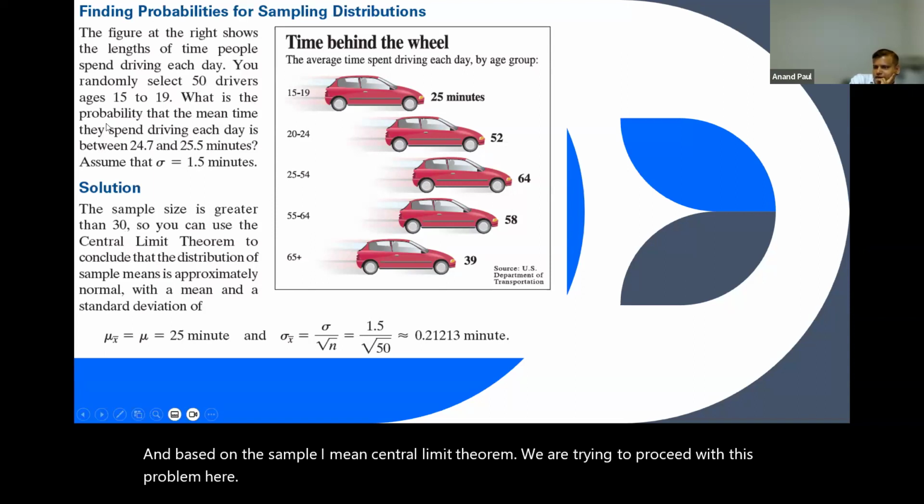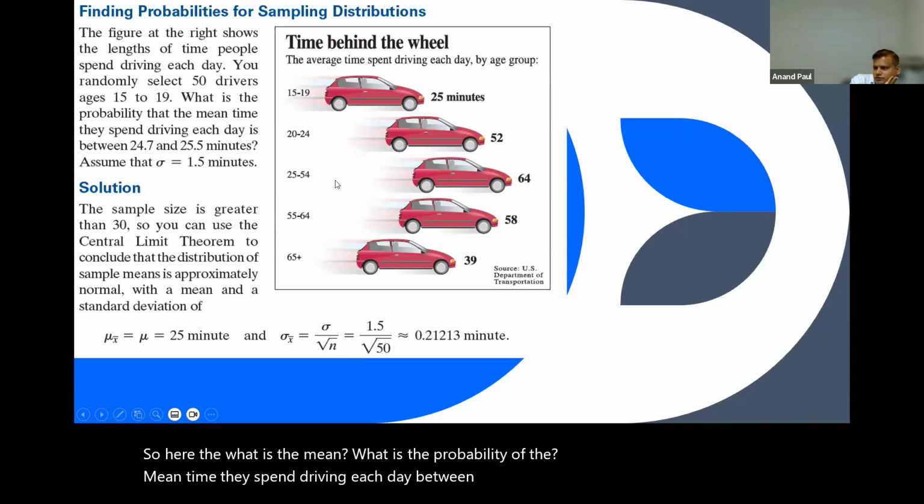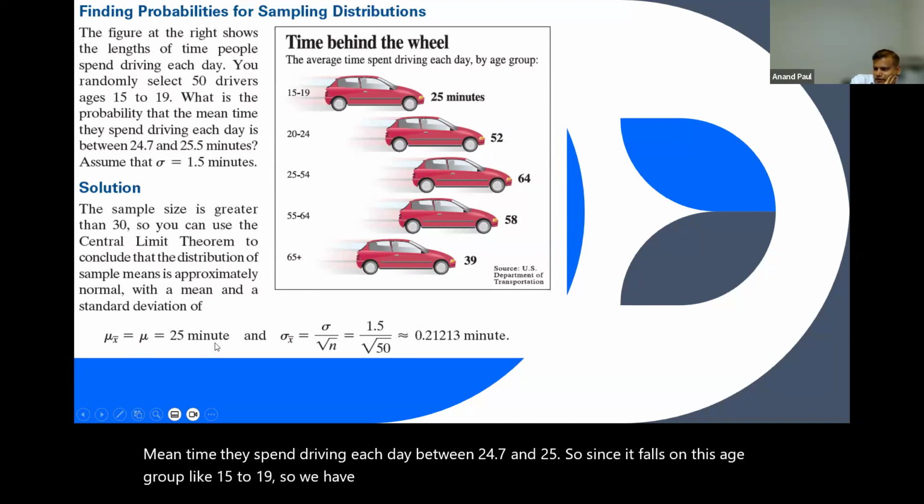So what is the probability of the mean time they spend driving each day being between 24.7 and 25.5? Since it falls in the age group 15 to 19, we have 25. So your mu is 25, and the standard deviation of the sample mean we can calculate using this formula.